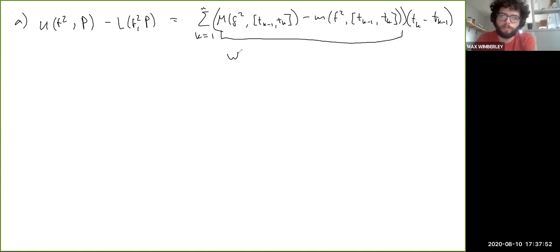We want to show this is less than or equal to 2b times capital M of f on [t_{k-1}, t_k] minus little m of f on [t_{k-1}, t_k].